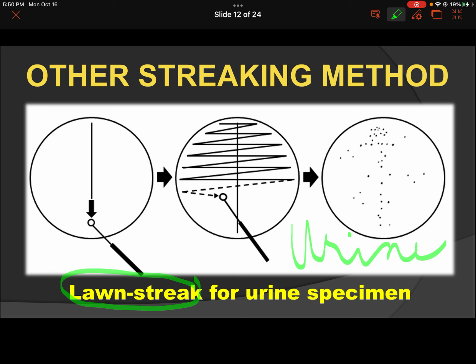It's easy because you just get one loopful of urine, and then you make a straight line down. Then you flip the loop and start streaking in a zigzag manner. In short, this is how the colonies would look after incubation.